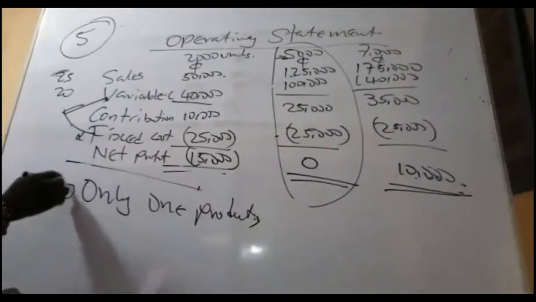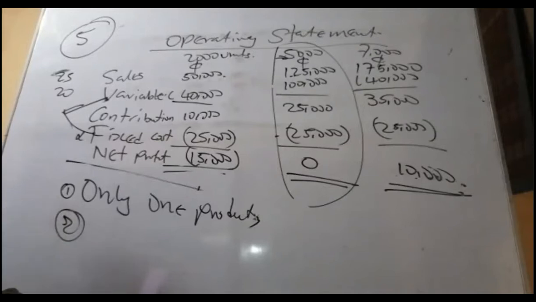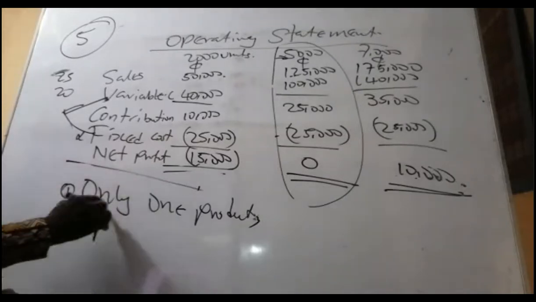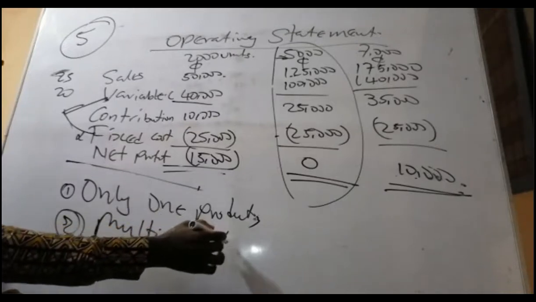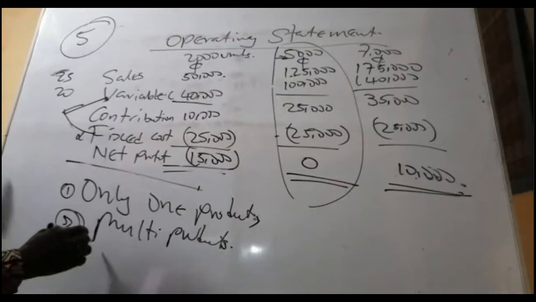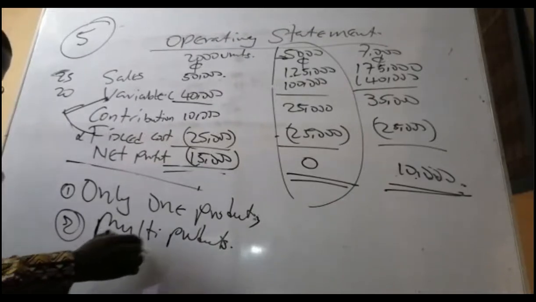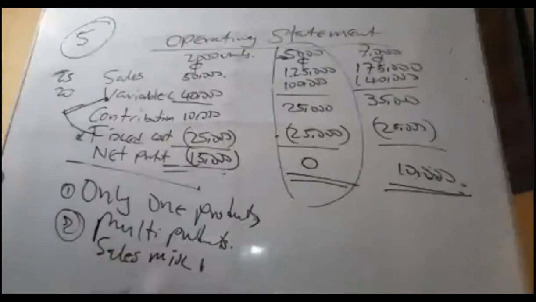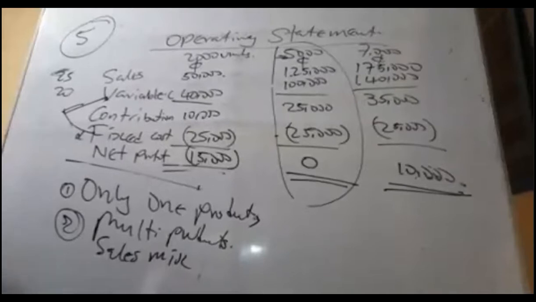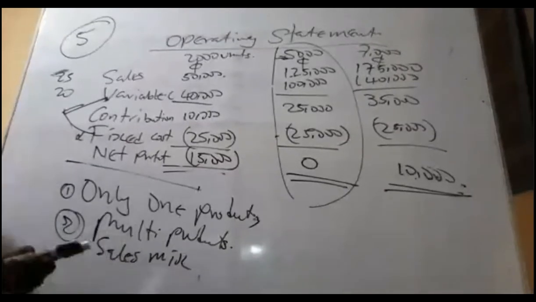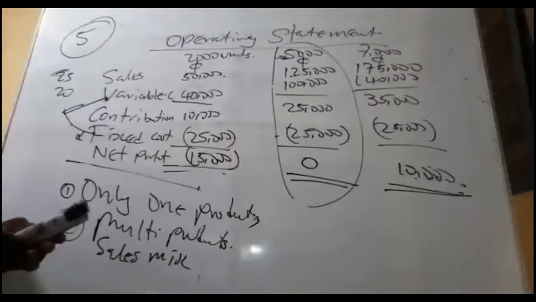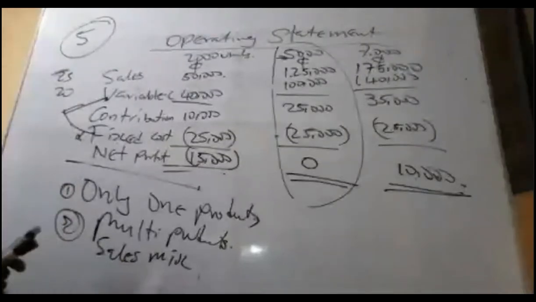Then the latter part says that in a period of multiple products, the sales mix remains constant. Now, let's assume that we produce duster and marker. Sales mix means if I dispose of 4 markers, 1 duster should move.